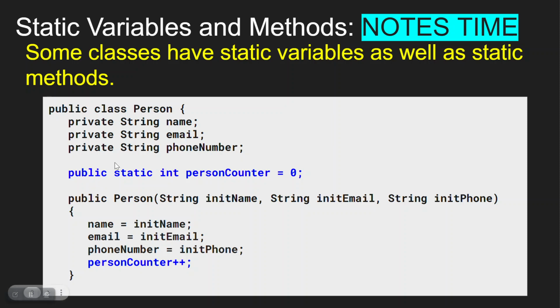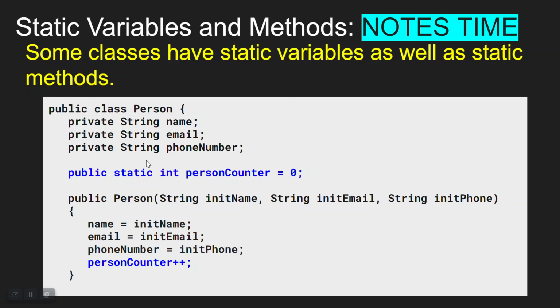But down here, we've got public static int personCounter. Every single time we call the constructor, we pass in parameters for name, email, and phone number, but then the personCounter variable goes up by 1. So every single time we create a person object, this counter goes up by 1. That's why this one has a person counter variable.